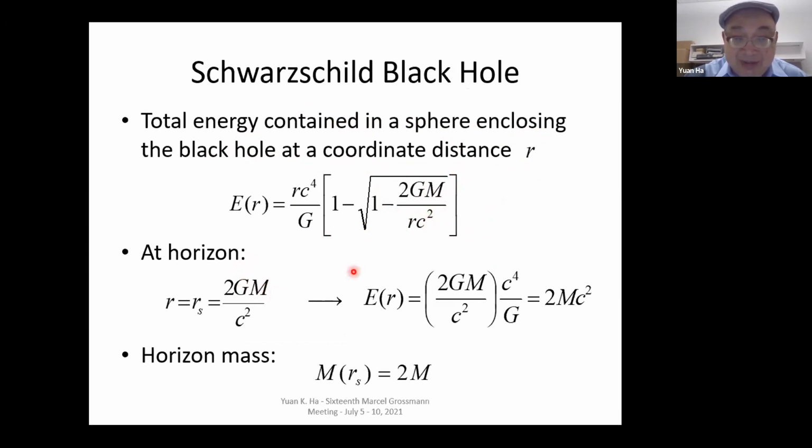Now at the horizon, the square root factor will vanish, and the result for the energy is very simple, and it simply gives twice the asymptotic mass of the Schwarzschild black hole. So this is the first case of the horizon mass theorem.